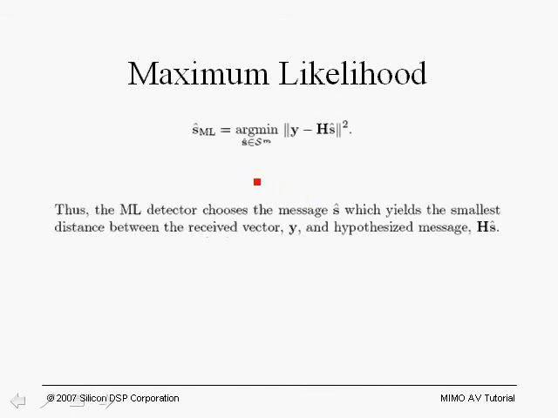Now obviously this implies a huge amount of computation to calculate the distance based on the received vector Y and all possible transmitted messages S, and then go through and find the one with the minimum distance, and that will be the maximum likelihood solution.